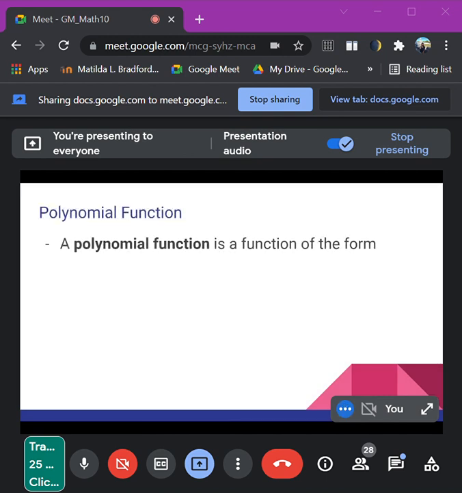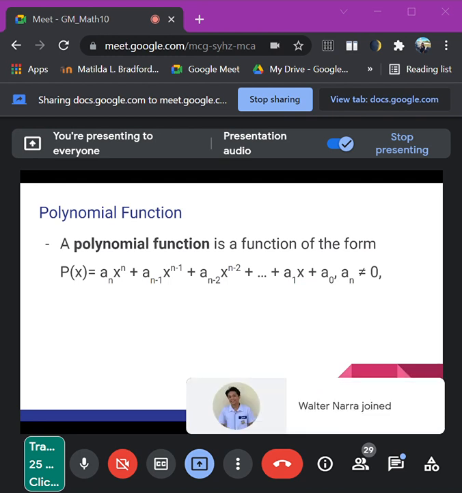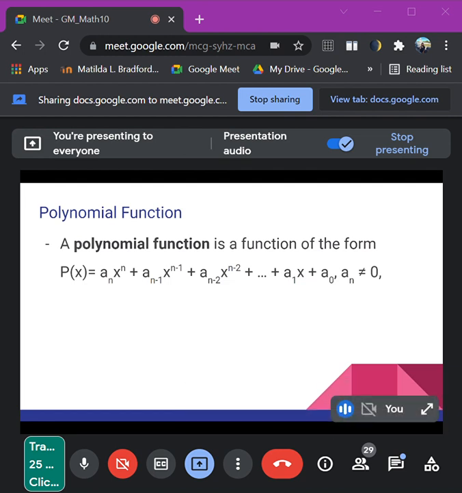A polynomial function is a function of the form p of x equals a sub n x raised to the power of n plus a sub n minus 1 x raised to the power of n minus 1 plus a sub n minus 2 x raised to the power of n minus 2 plus so on, and then plus a sub 1 x plus a sub 0, in which a sub n should not be equal to 0.